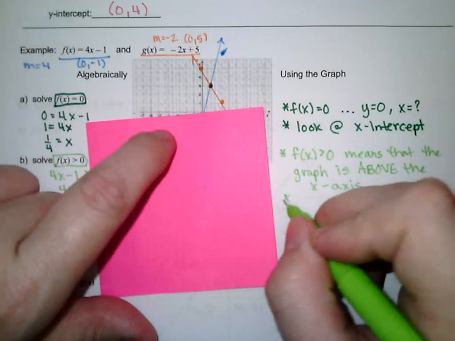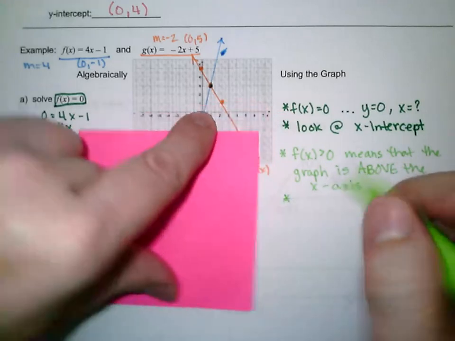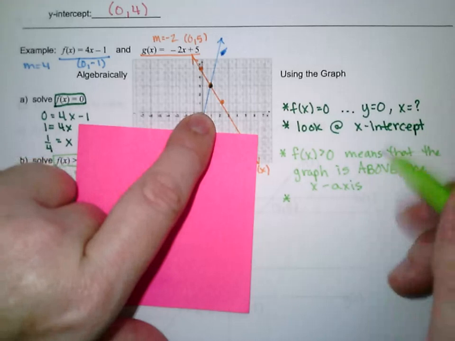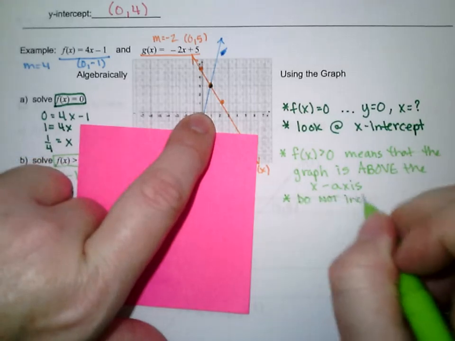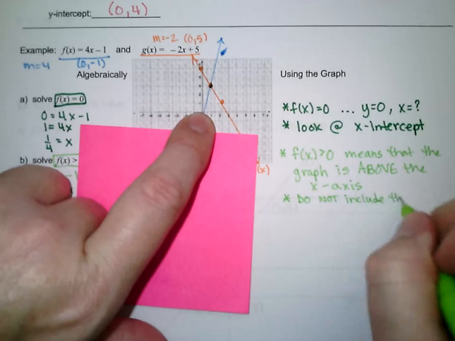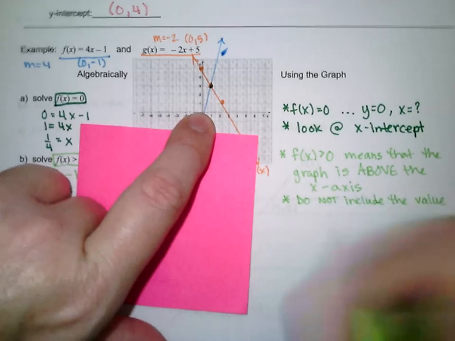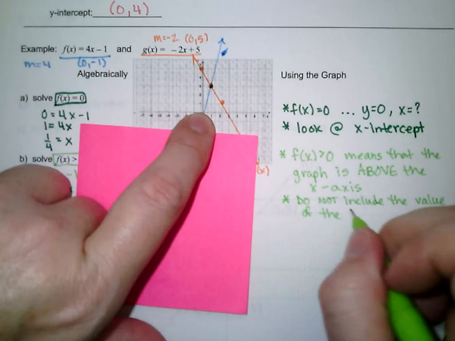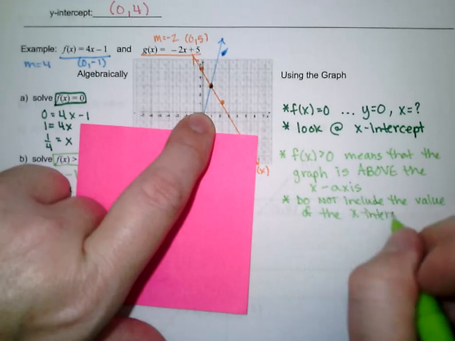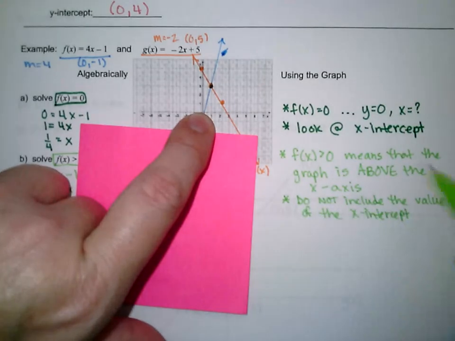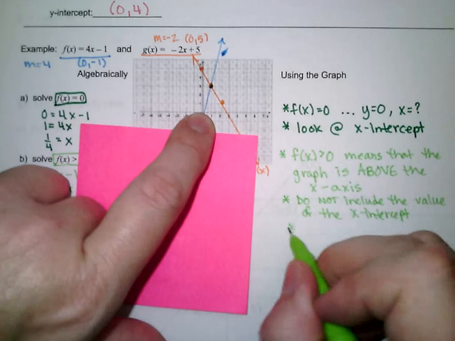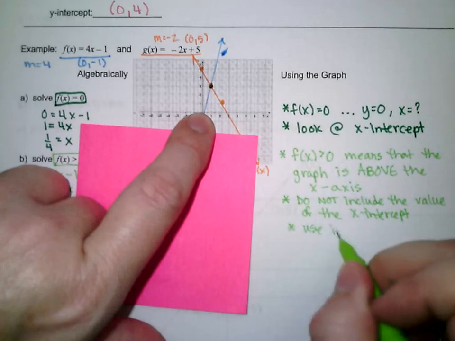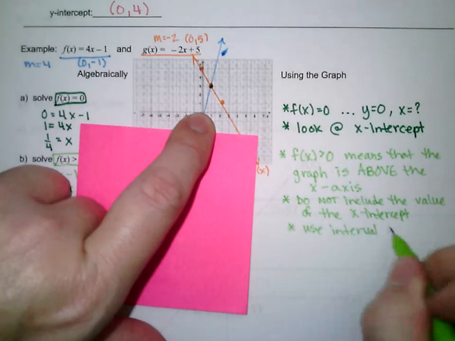So when it says greater than, I would not want to include the value of the x-intercept, because the value of the x-intercept would be where it's equal to 0, and we're looking for where it's greater than 0. And then we would want to use interval notation to answer that.